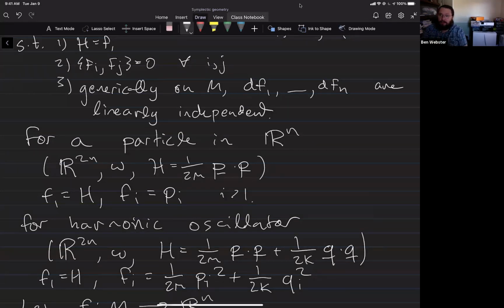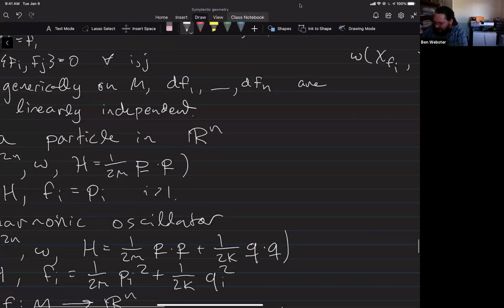Well, that Poisson commutes with the individual components of the momentum. Right? It commutes with p1, p2, p3 up to pn. I shouldn't take all of those because the differential of the Hamiltonian is going to be in the subspace spanned by those. So I have to take all of those, but forget one of them. So I'm going to take all of them except for p1. That gives me an integrable system, which includes this Hamiltonian. And the fancy word for this is conservation of momentum.